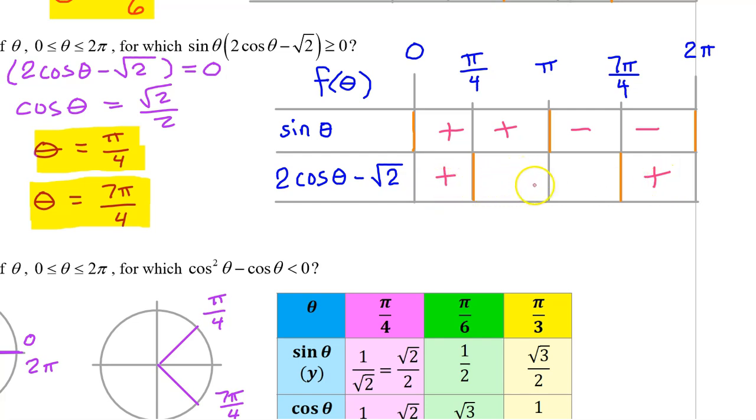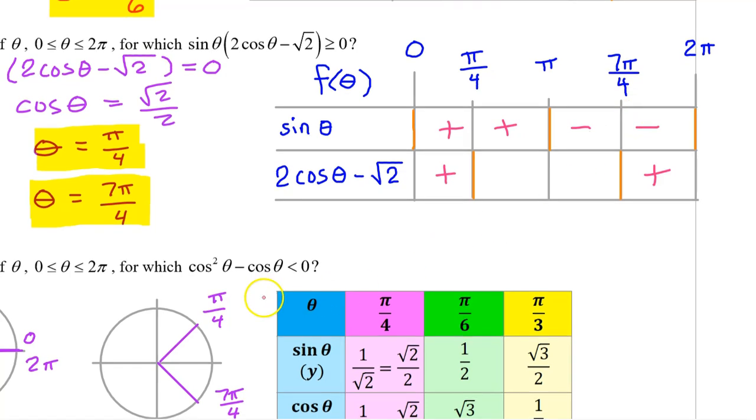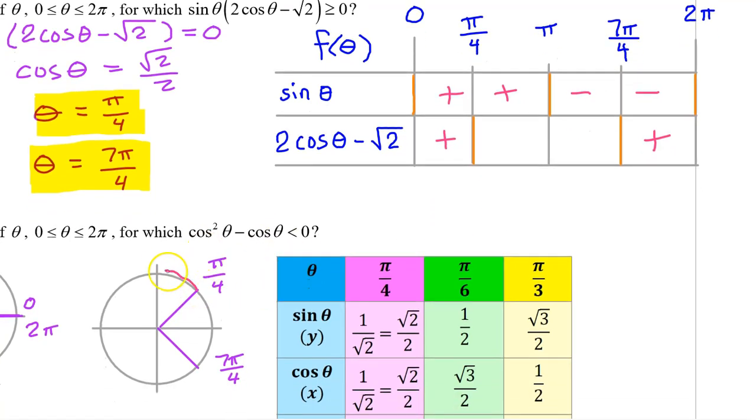Now we just need to check this middle interval. Between pi over 4 and 7 pi over 4, that's from here all the way around to here. So I can use any angle I want from here to here.